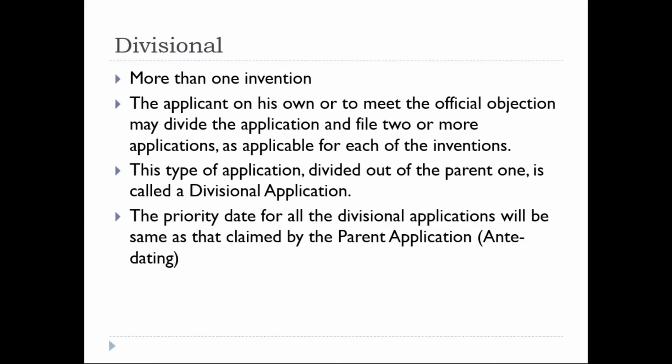Generally, patent publication takes place after 18 months, or sorry, within 18 months, right? So we have an option, if we do it earlier, we can alter the dates, right? I hope you don't want to get into detail about these things as of now.